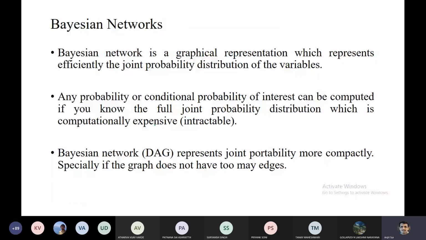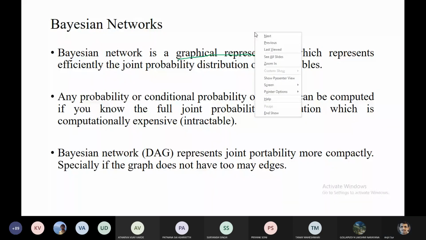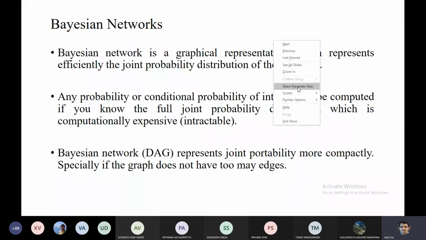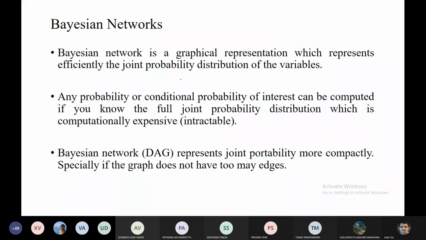So if I say the Bayesian network is a graphical representation, basically we represent efficiently the joint probability distribution of the variables. Ultimately, we are doing this.